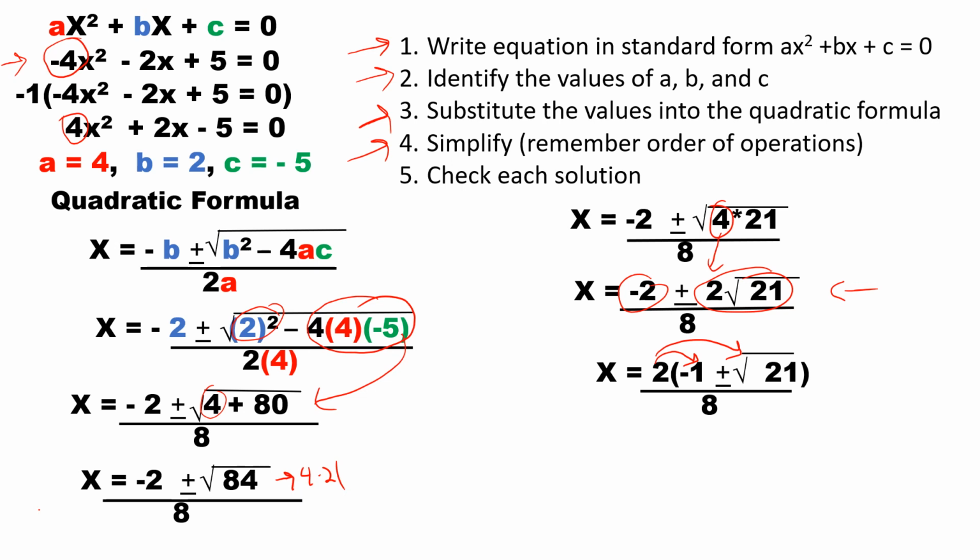So all I've done is distributed that 2 back out. Once I've done that, then I can take this 2 over 8, and 2 goes into 2 1 time, 2 goes into 8 4 times, and it reduces. That leaves me with negative 1 plus or minus the square root of 21 divided by 4. So that is your answer.